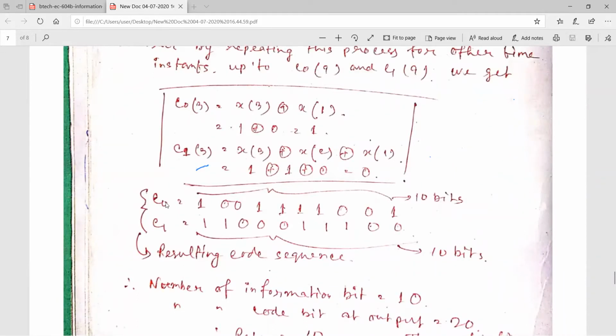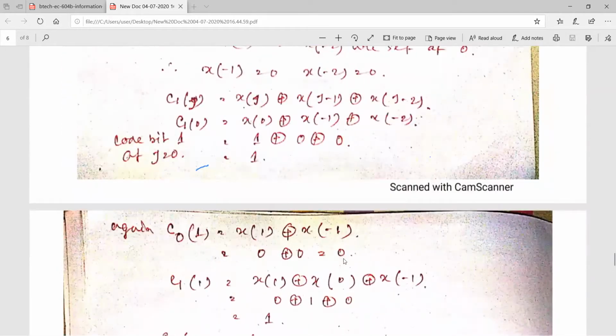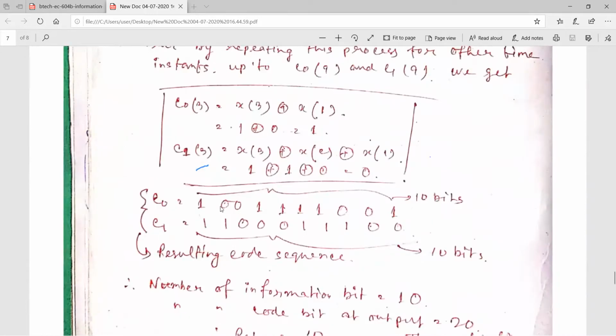So this is C00 where j equals 0. This is C01, and its value was 0. In this way we have calculated, or you have to calculate, up to C09 and C19. So we have got these two coded or encoded bit sequences.